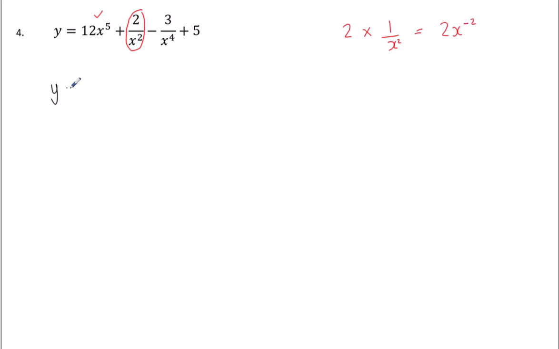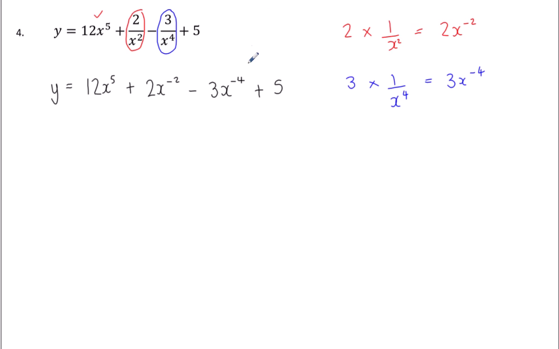So if we write this out, look, so we've got 12x to the power of 5 plus 2x to the minus 2. Then we've got our next term, which is 3 lots of 1 over x to the power of 4. So that just becomes 3x to the power of minus 4. And that's being taken away at the minute. You have to be careful with our signs on this question. And there's our plus 5 on the end.